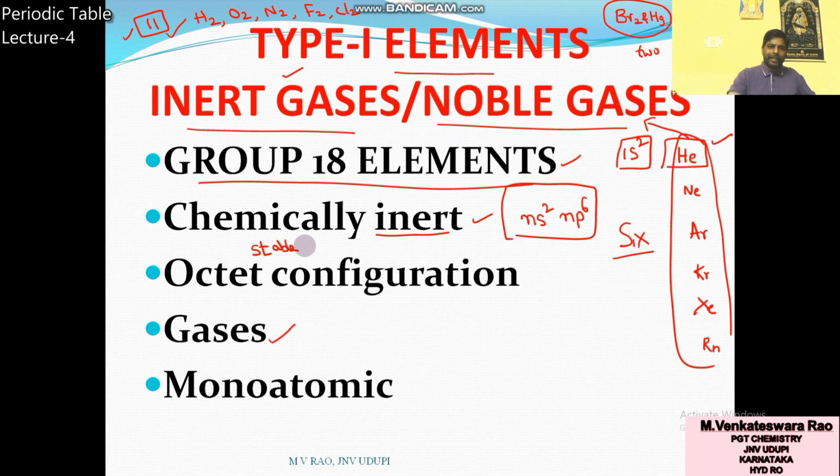These are monoatomic gases, atomicity is 1. What is the atomicity of hydrogen? 2. Oxygen 2. But noble gases are monoatomic gases.